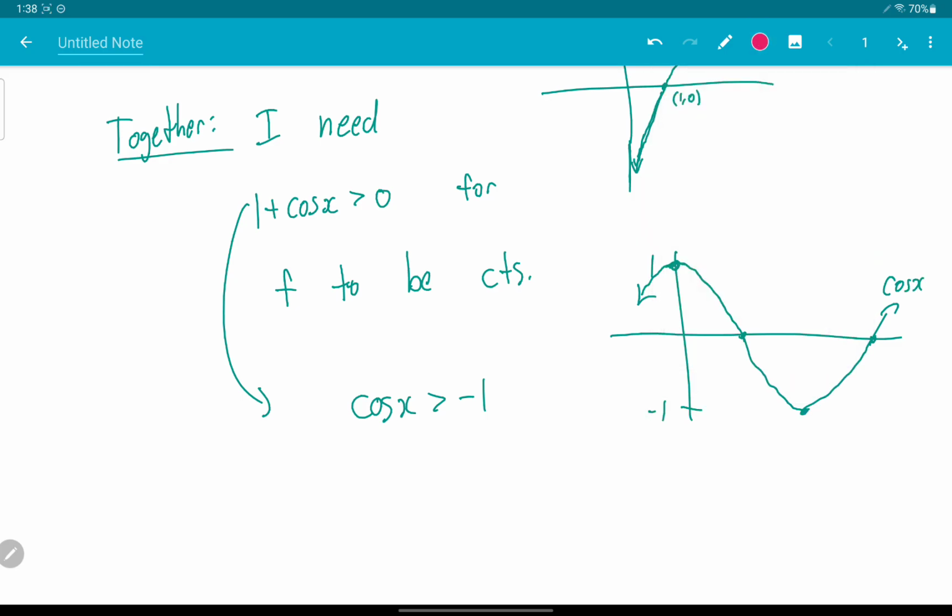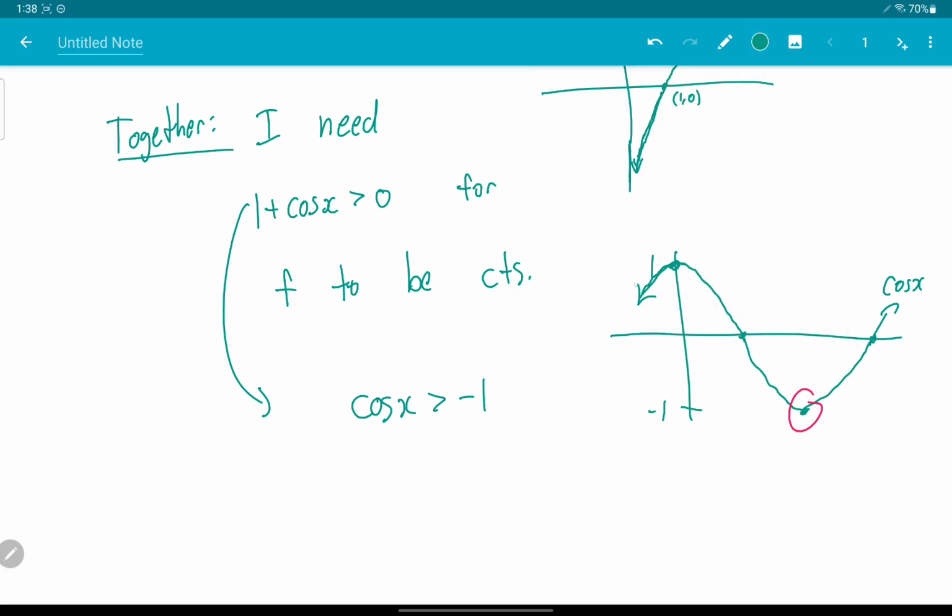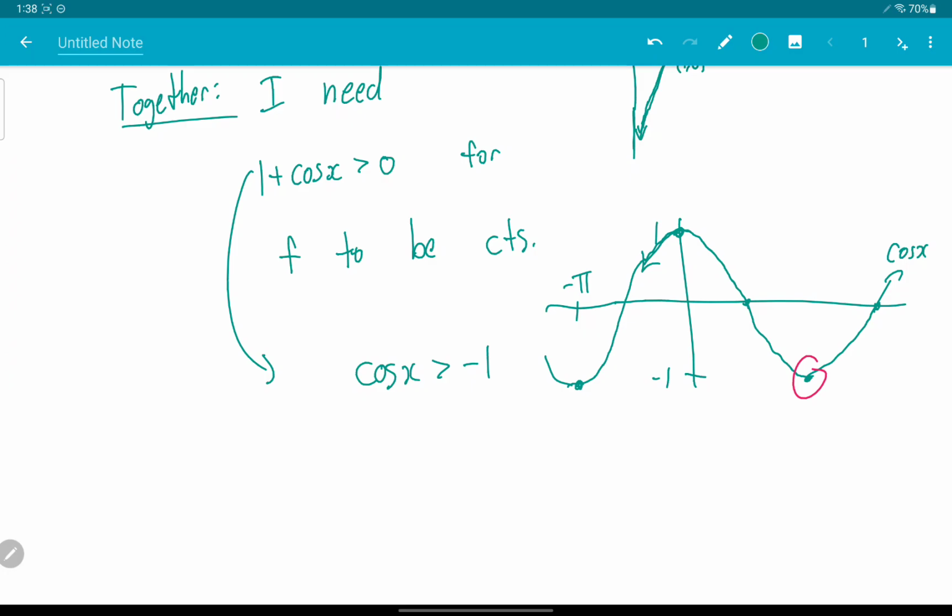And the only time I'm going to hit -1 is at these points here. And there's going to be another one over here at -pi. But this function continues forever in both directions, so I'm going to hit this -1 an infinity of times.